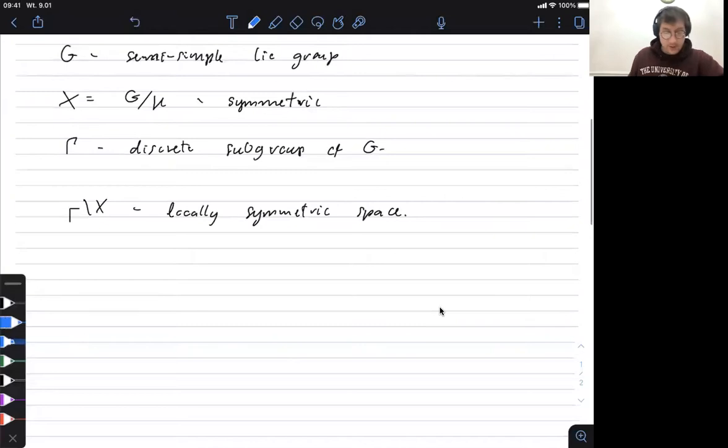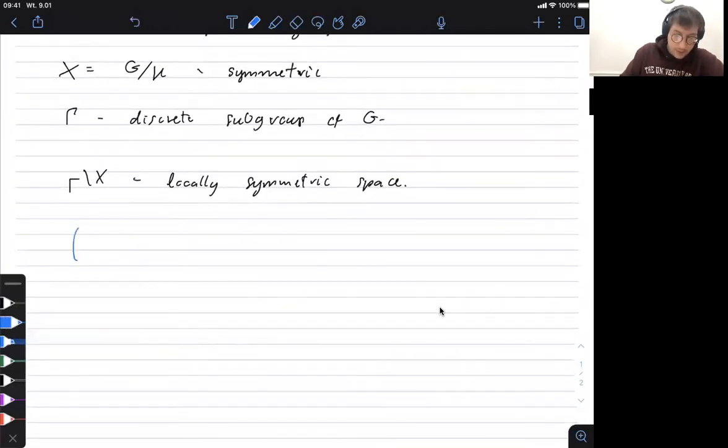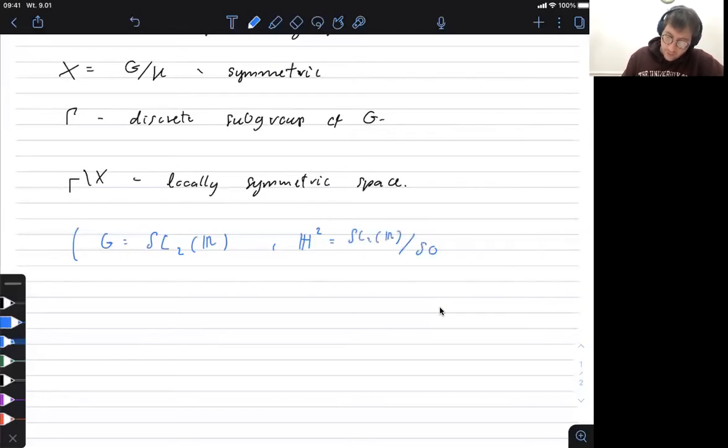A good example to keep in mind is when G is SL_2(R). Then the symmetric space is the hyperbolic plane, which is the quotient of SL_2(R) over SO(2).